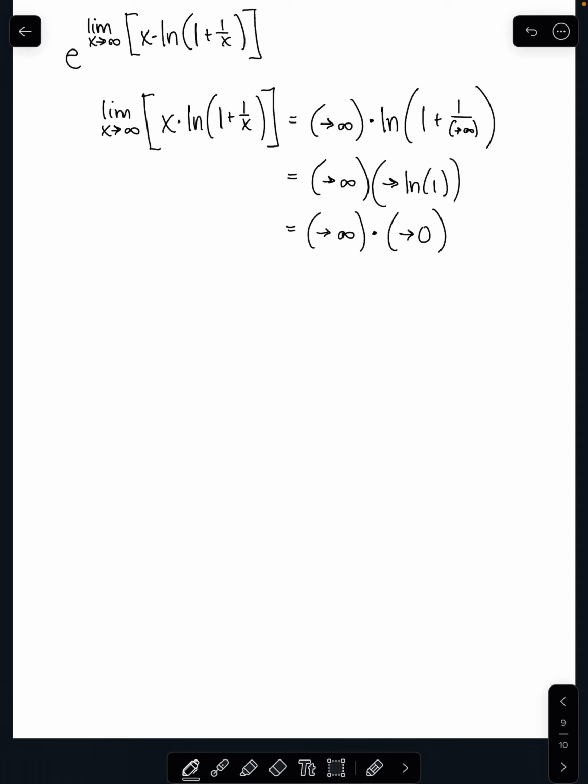The way that we get around that is to reciprocate one of these factors. We either have to reciprocate the x, or we have to reciprocate the natural logarithm of 1 plus 1 over x. Now, even just by the sound of it, I think it would be much simpler to reciprocate the x.